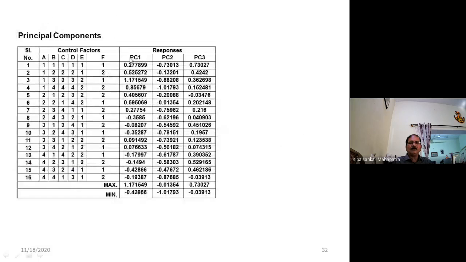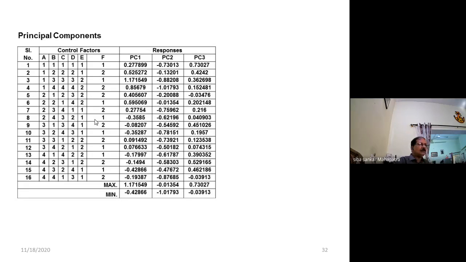Now all the principal components have been found out. If you calculate the correlation coefficient among these principal components, it will be 0. They are uncorrelated components. So there were 4 data: TWR, MRR, RA, and circularity.